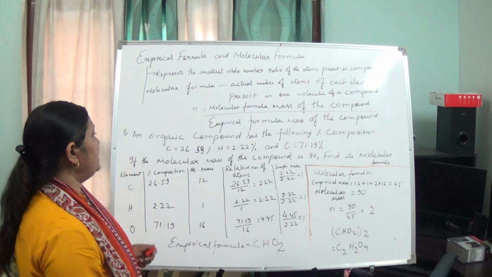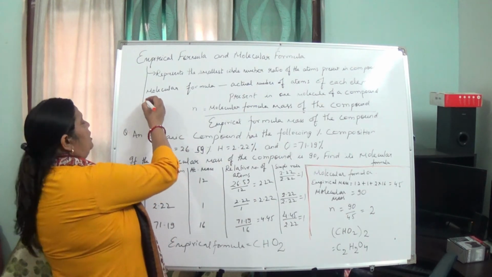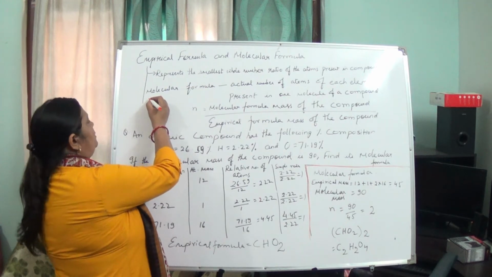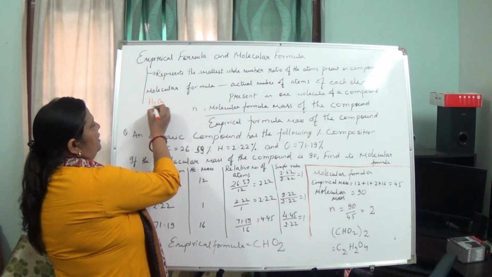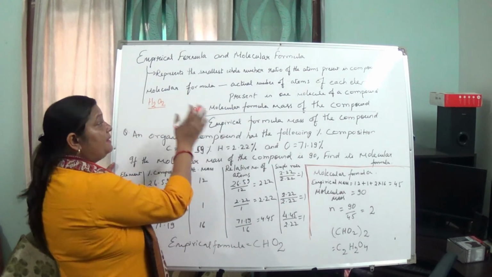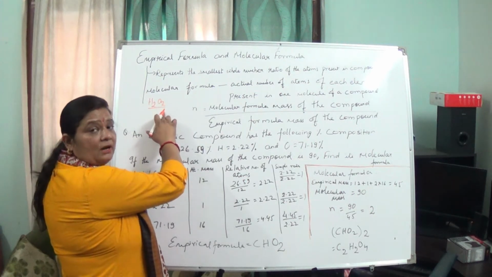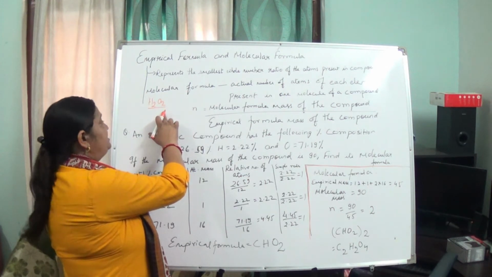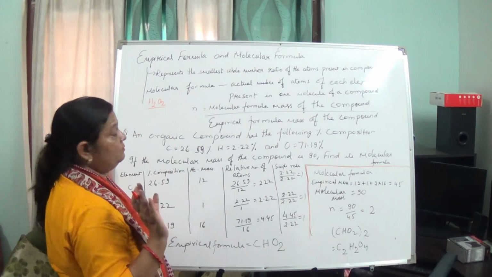How will you understand? See, suppose I talk about the formula of hydrogen peroxide, H2O2. Okay, this is the molecular formula because it represents the actual number of atoms of hydrogen and the actual number of atoms of oxygen present in it, and this represents the formula of hydrogen peroxide.